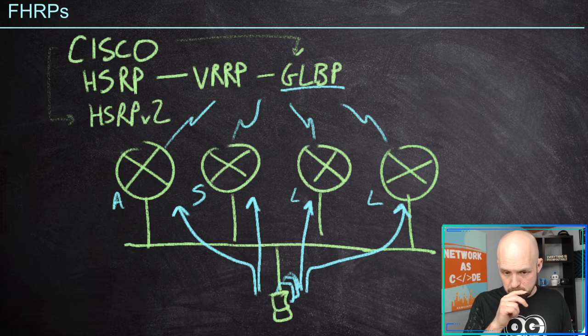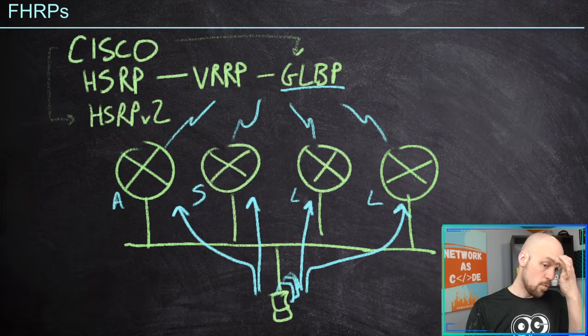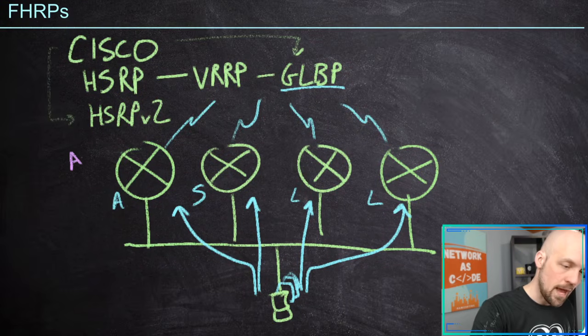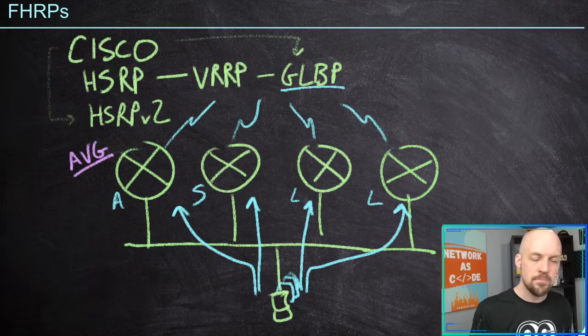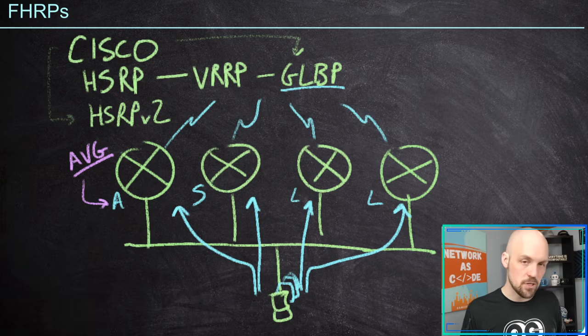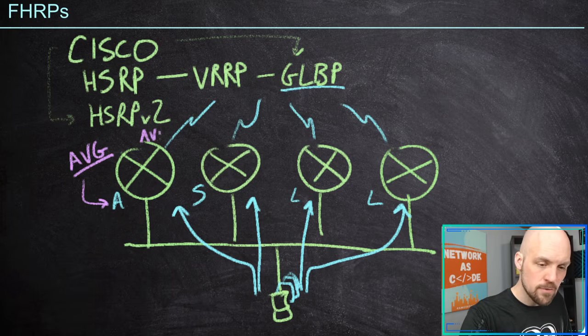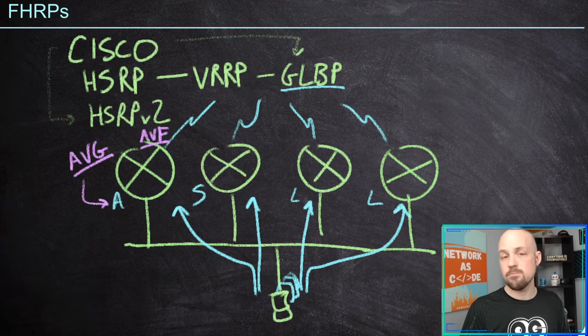So, the way this works is we have 2 states we have to be concerned with. We have the active virtual gateway, AVG, and that equates to the active state in HSRP. It is the router that's in charge. And then we have active virtual forwarders, or AVFs, where we can have up to 4 of these.